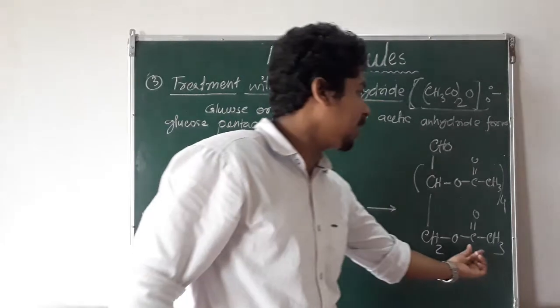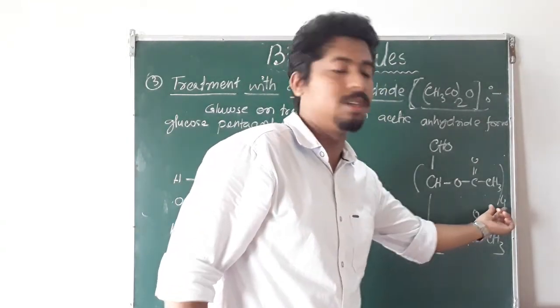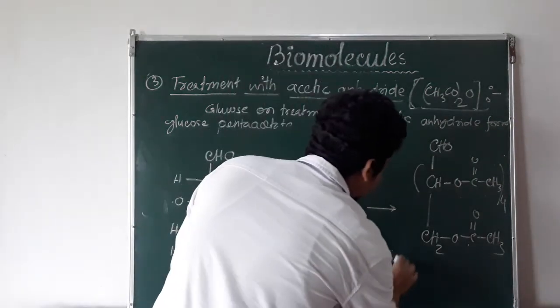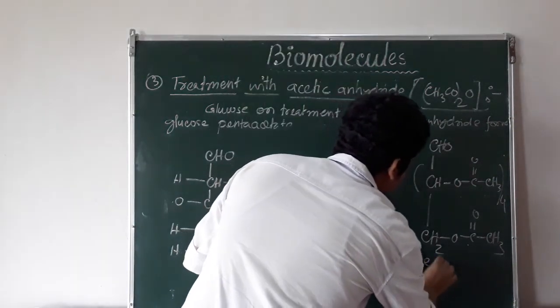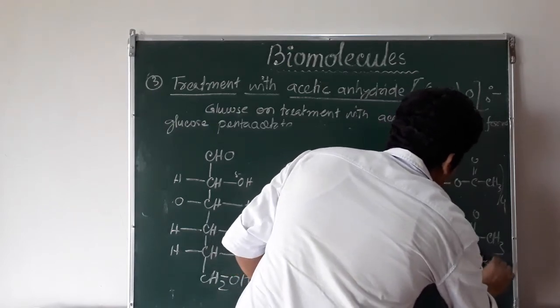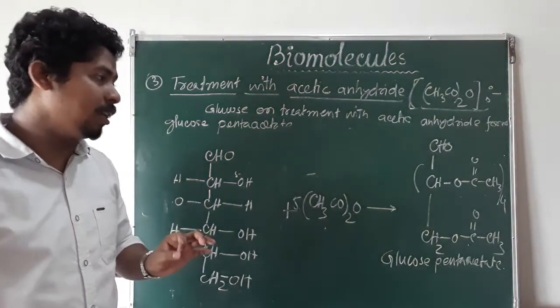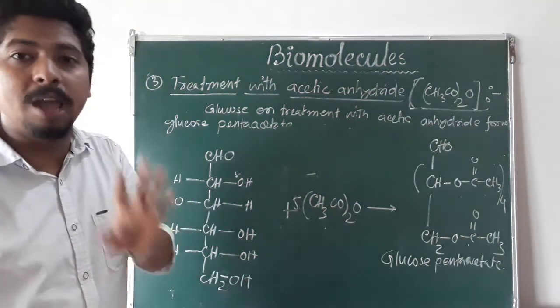So here you see one acetyl group and 4 acetyl groups, total 5 acetyl groups. So its name is glucose pentaacetate. This reaction confirms that the glucose unit contains 5 alcoholic groups.